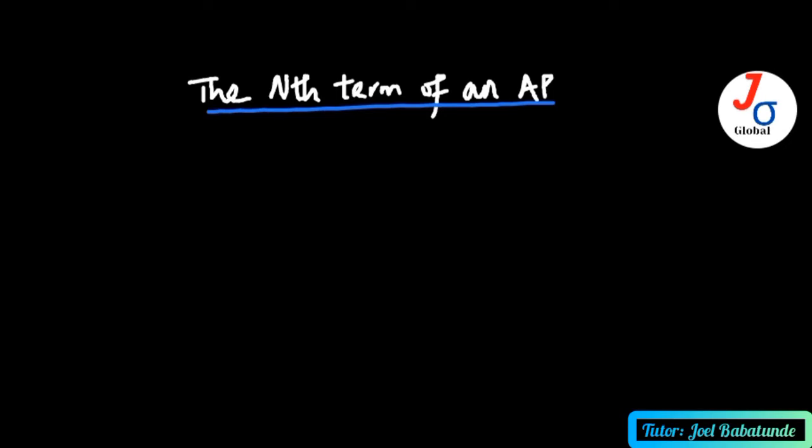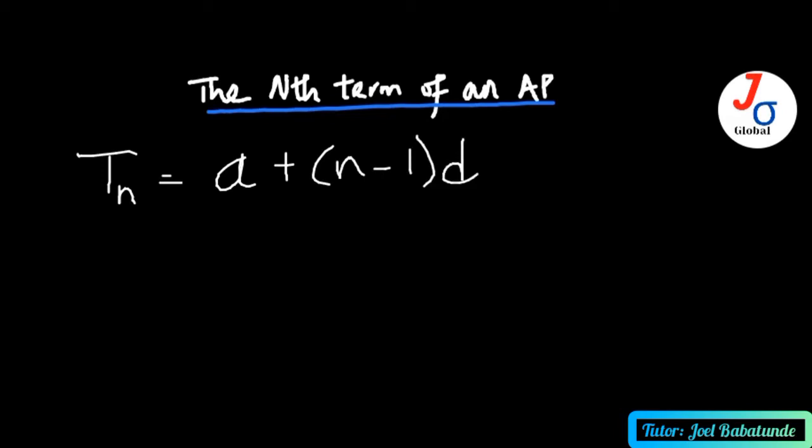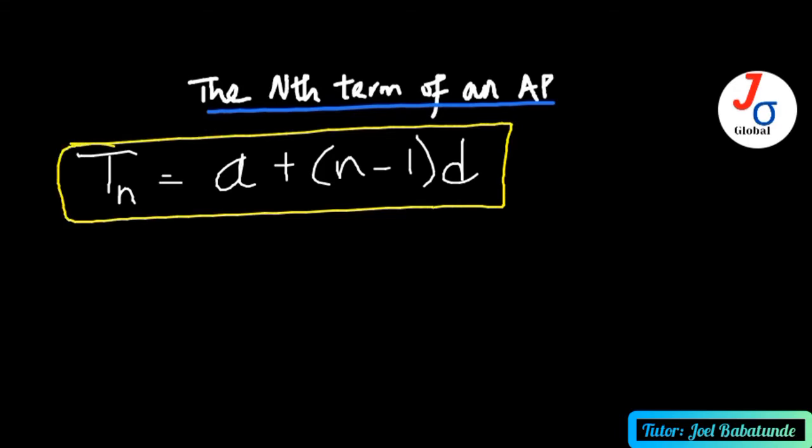So the nth term of an AP is given as T sub n is equal to A plus (n minus 1) D. By now, you should be familiar with all of these terms.